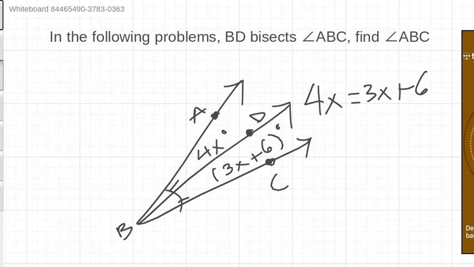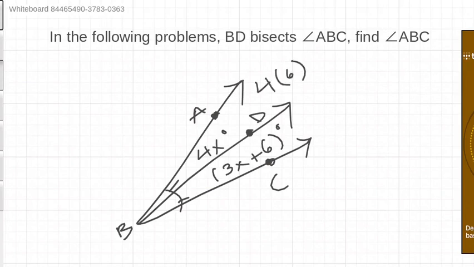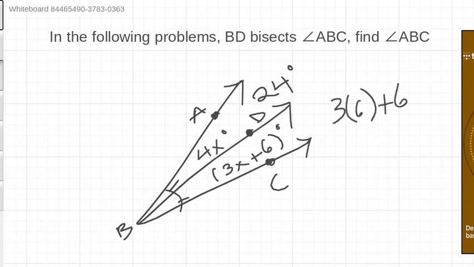Then we're going to plug in x into our two smaller angles. So 4 times 6 is 24. And 3 times 6 plus 6 is also 24, because that's 18 plus 6.